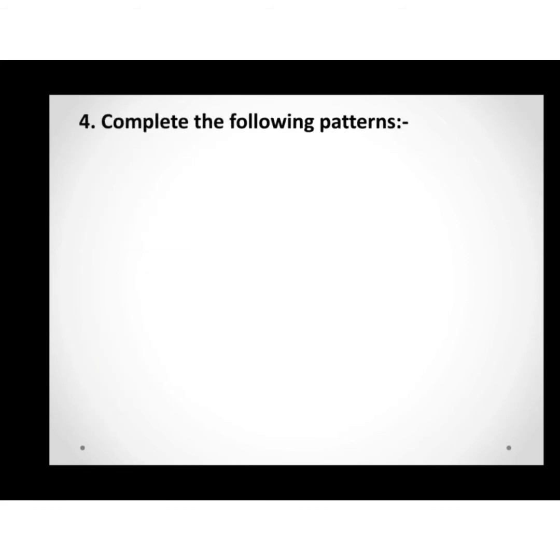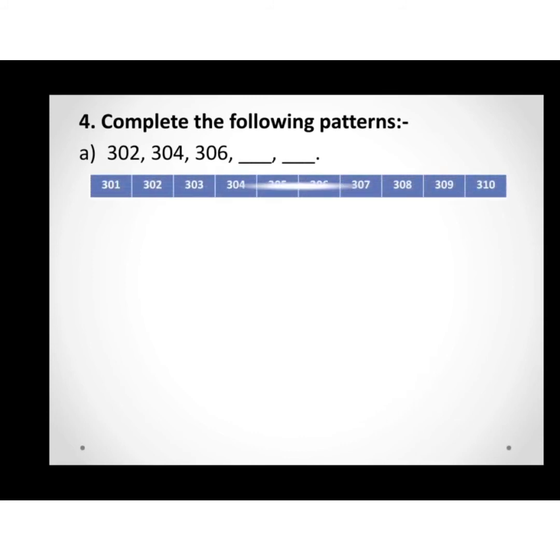Question number 4. Complete the following patterns. First one, 302, 304, 306. Here we can see the pattern of forward counting in 2s. You have to jump 2 steps forward. So we can use the number strip. Here is the number strip.